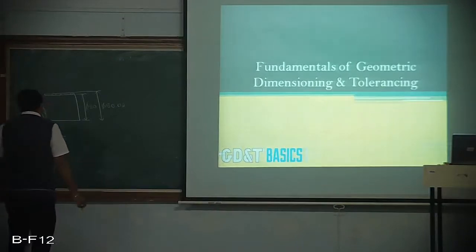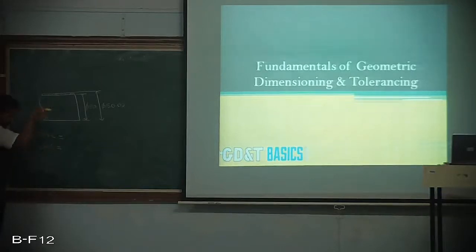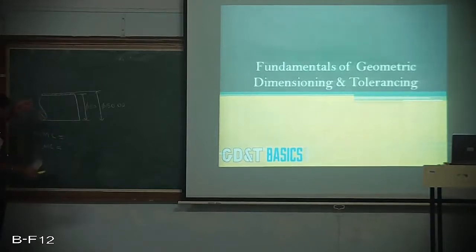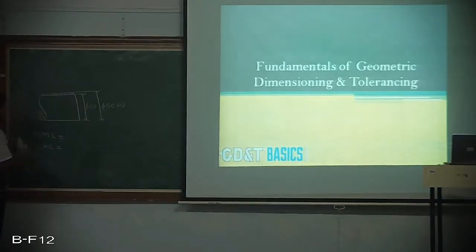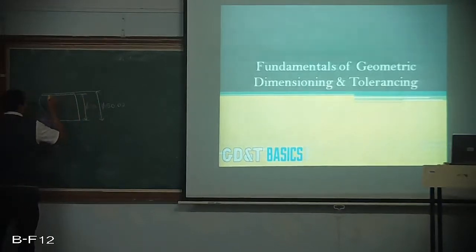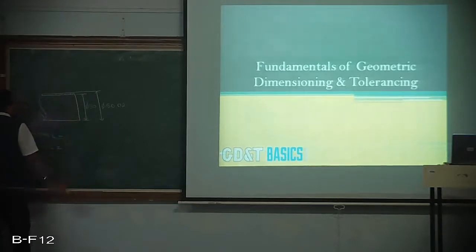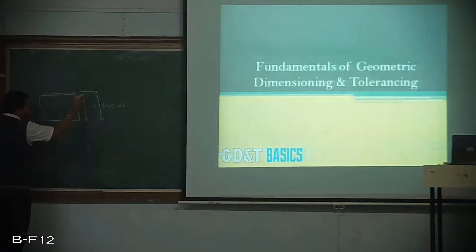Now, maximum material condition for the shaft is that condition when the shaft is having maximum material, when the shaft is finished to upper limit. So the amount of material in the shaft is maximum. But the amount of material in the shaft will be minimum when the shaft is finished to the lower limit.